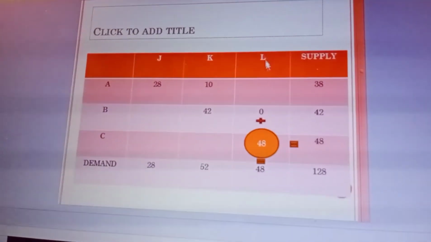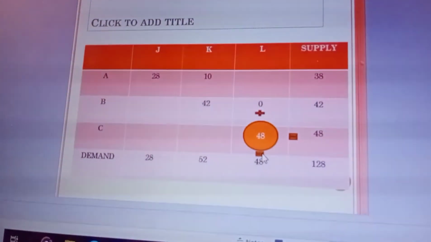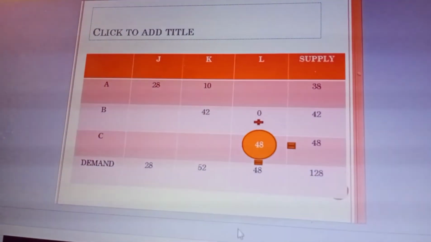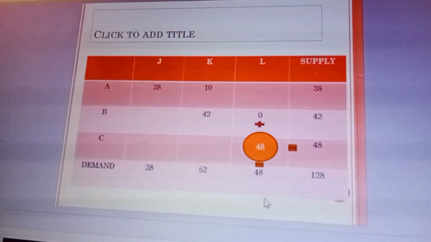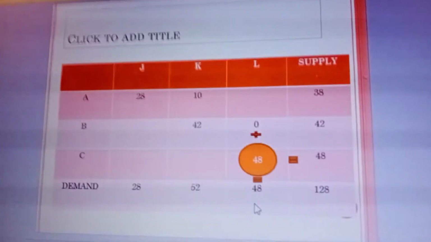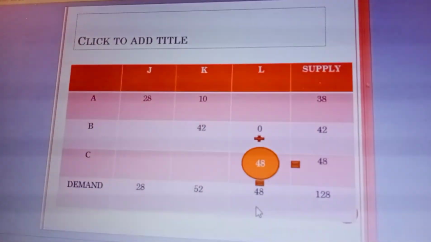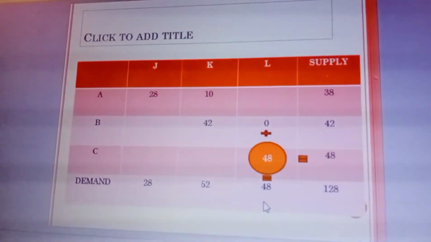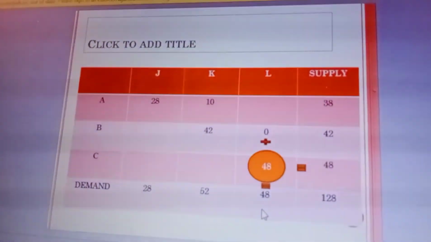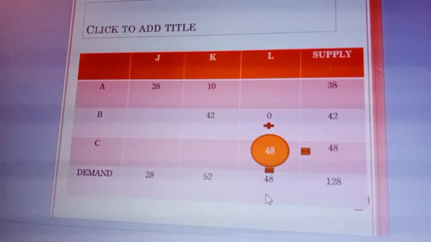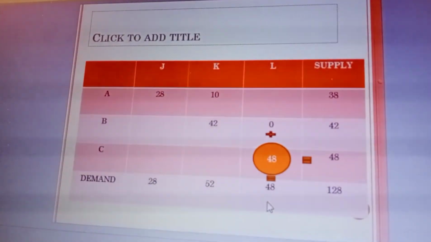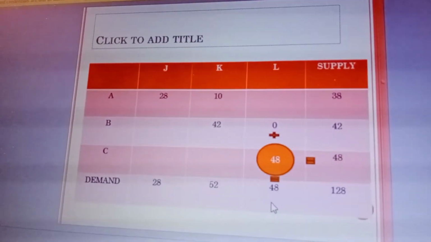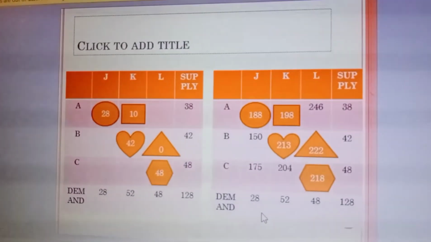That's why in column L, we have 48. That's what we get. Now we have our northwest method. So let's proceed. The next one is how to compute and how we get the cost of the initial solution. Let's proceed to the next slide.